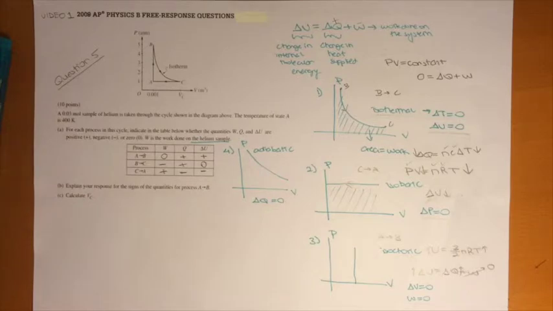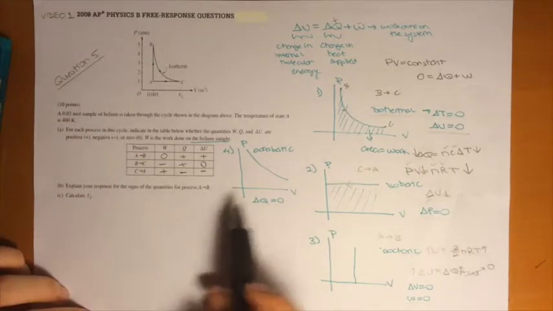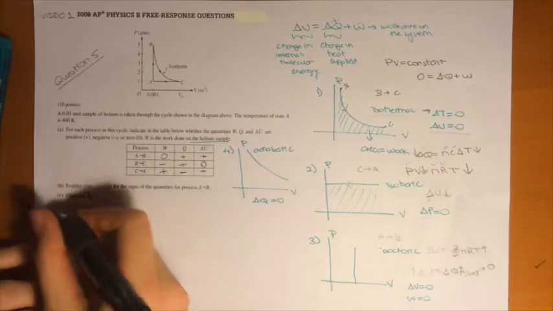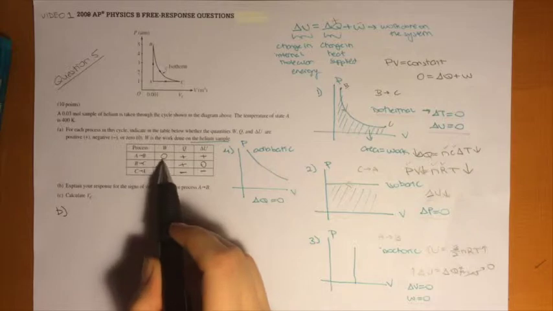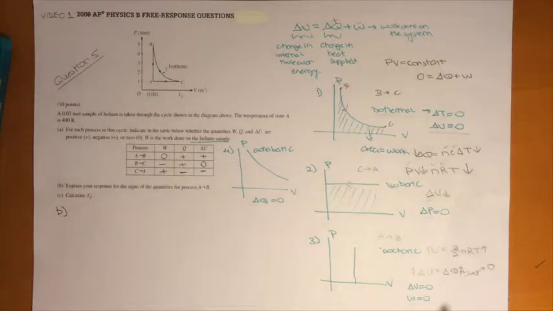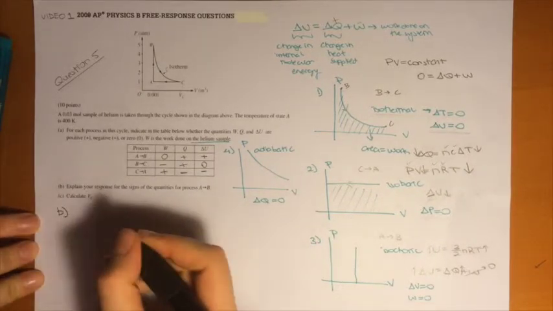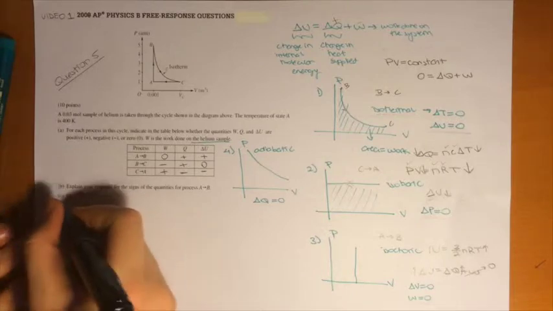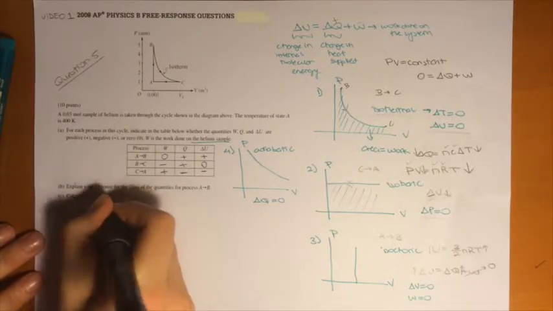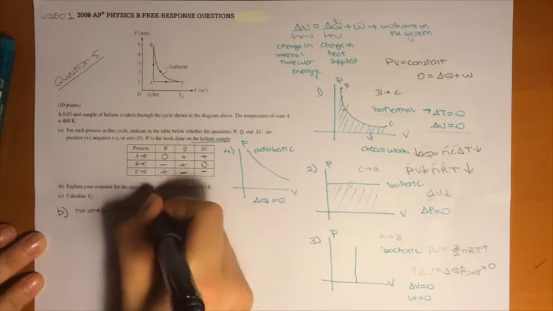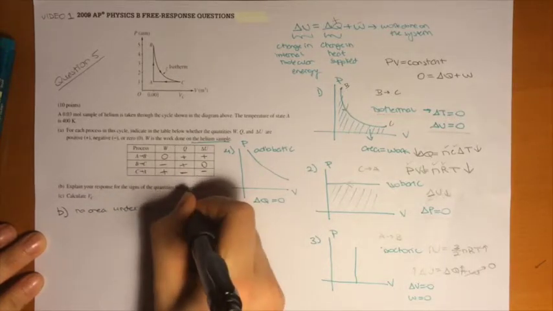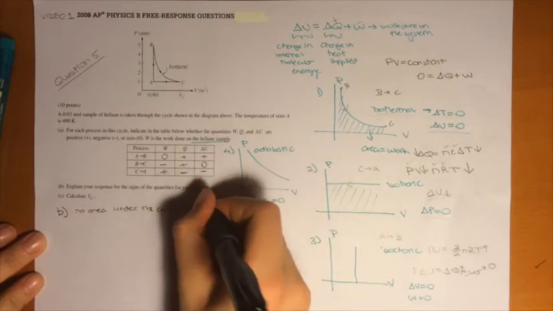Explain your response for the signs of the quantities for process A to B. A to B was the isochoric one. Okay, so my first response was that the work is equal to 0. For this, I can just say no area under the curve, which was equal to work.